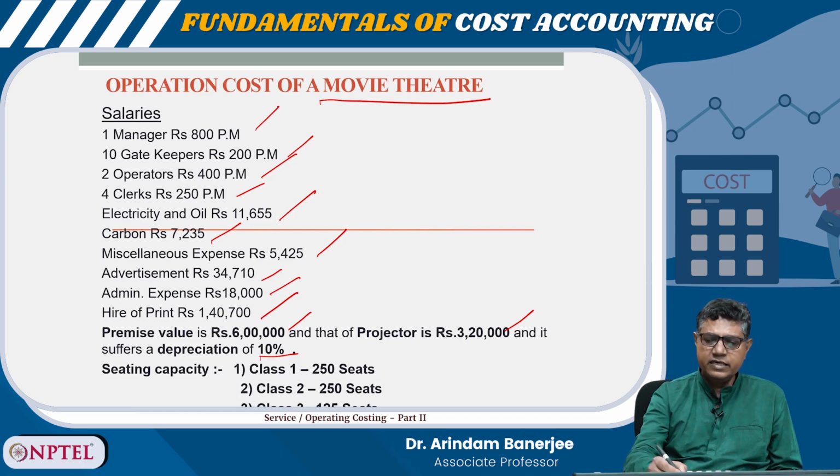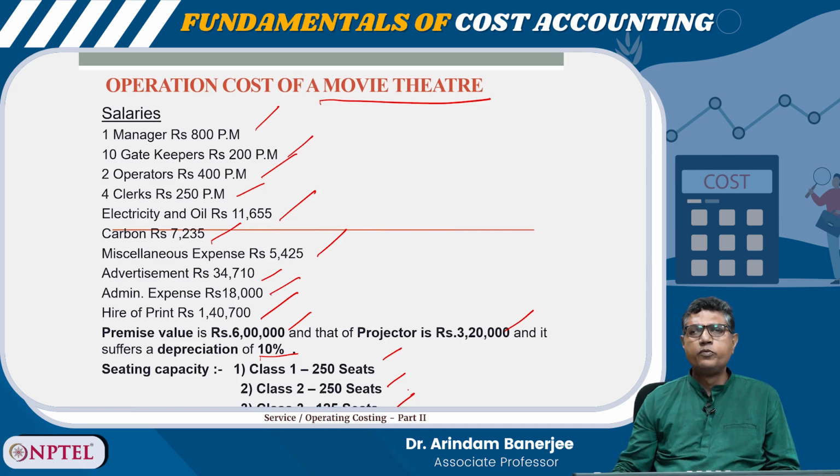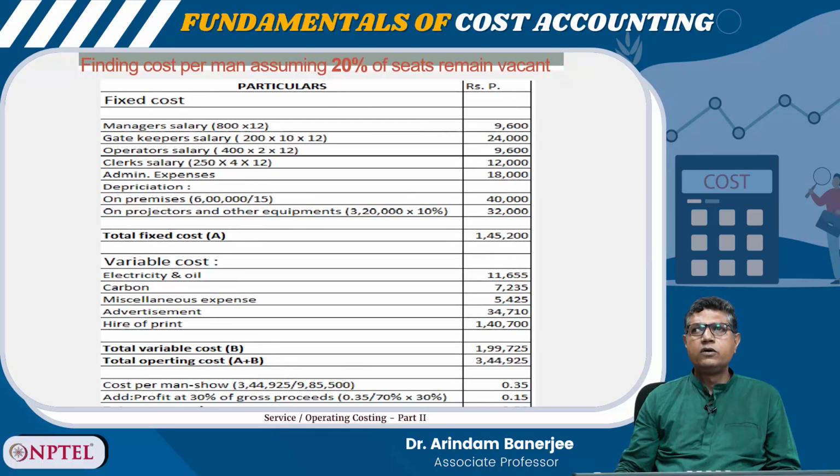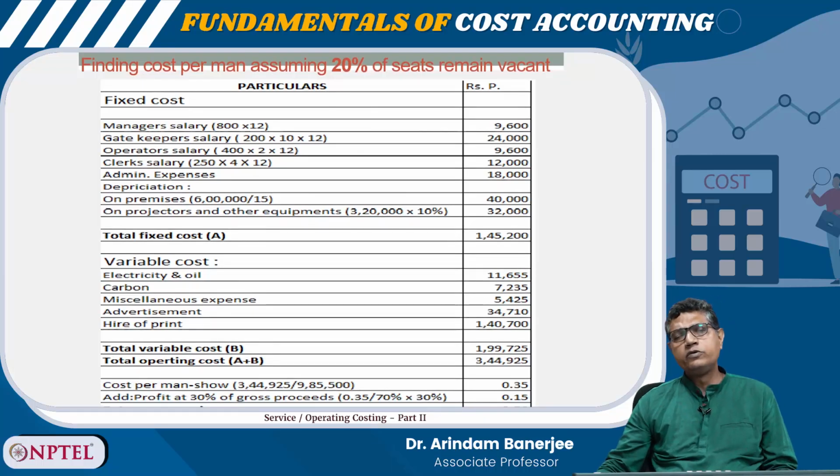The first class seats 250, second class 250, and class 3 is rupees 125. Okay. So I have to prepare the cost per man, right? Usually, unless the movie is really a big hit, some part of the movie theater hall remains empty, right? So here we are assuming that on average 20% of the seats remain vacant, right?